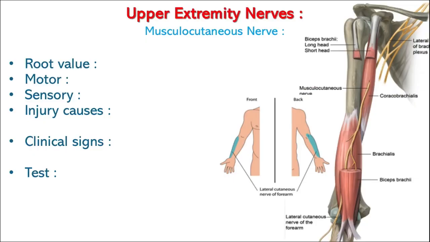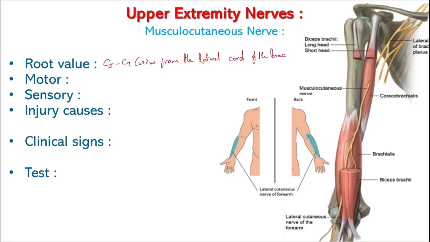Okay, so next, the musculocutaneous nerve. If you are seeing this, the root value will be C5 to C7, and it mostly arises from the lateral cord of the brachial plexus.